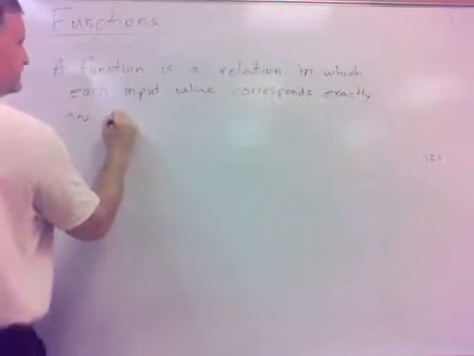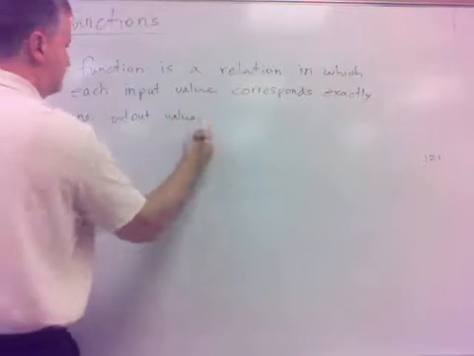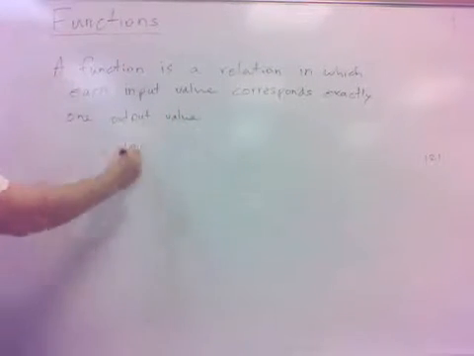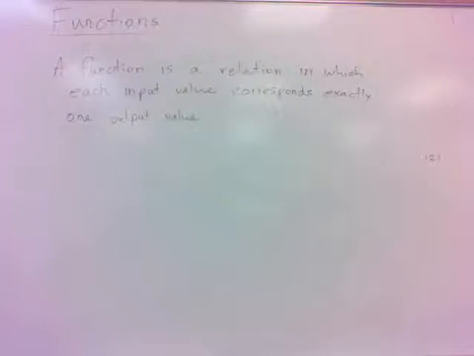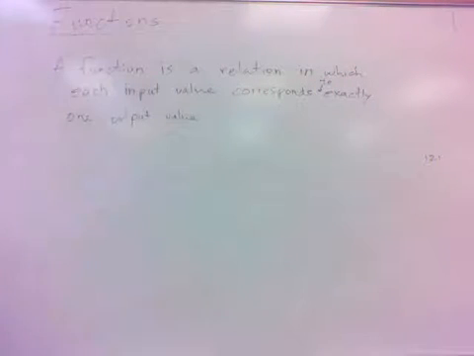Kind of a mouthful to say, but it's not that terribly difficult to understand, I don't think. That's what I mean by a function. A function is a relation in which each input value corresponds to exactly one output value. So for every input, you get one output.